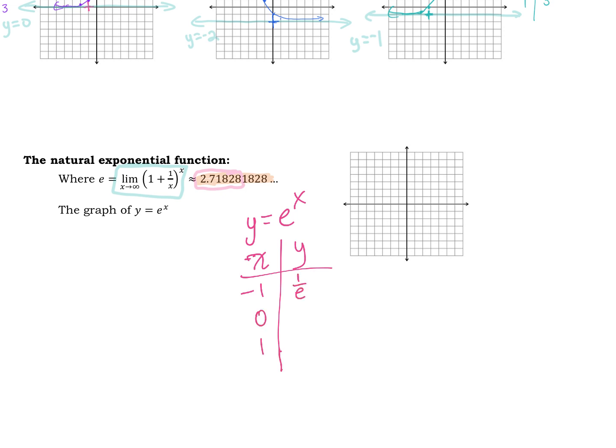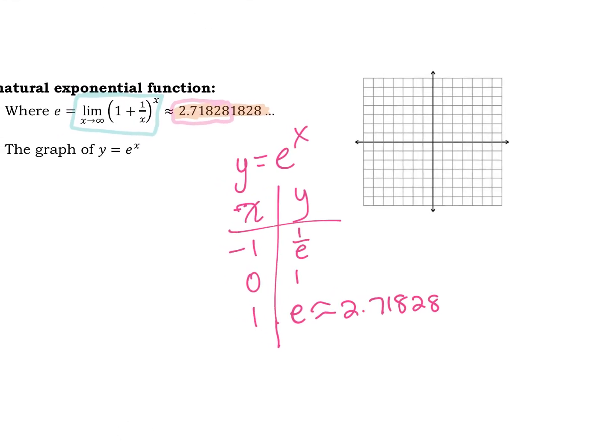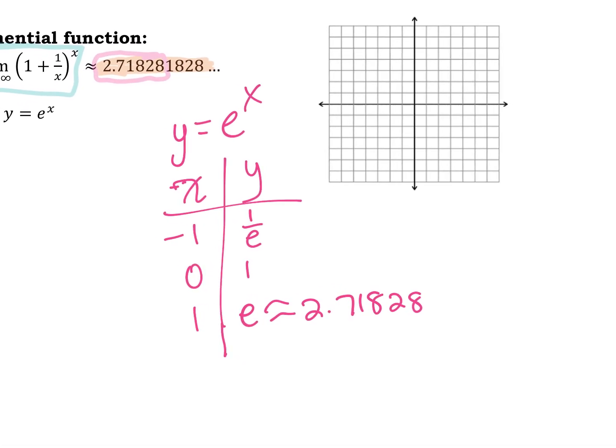I want to talk about this 1 over e, because a lot of people freak out about how to figure out what 1 over e is. Well, we can just do an approximation, especially because we're not being really precise with how we're drawing these numbers. e is 2.71828, so it's close to 3. So when you're graphing it, you graph it at around 1/3.